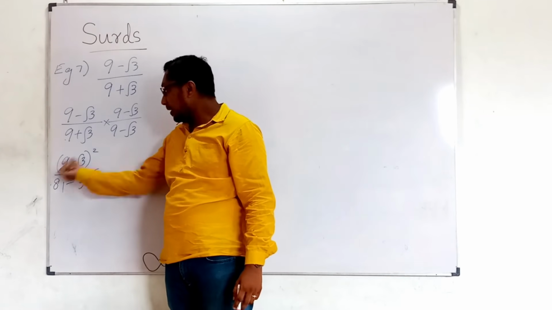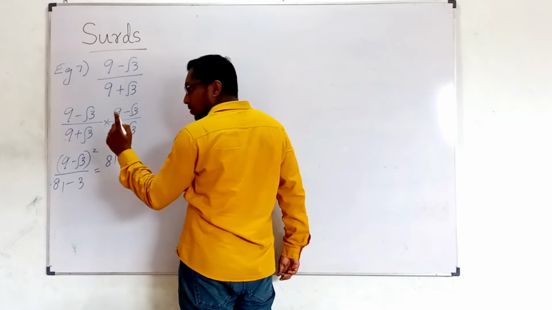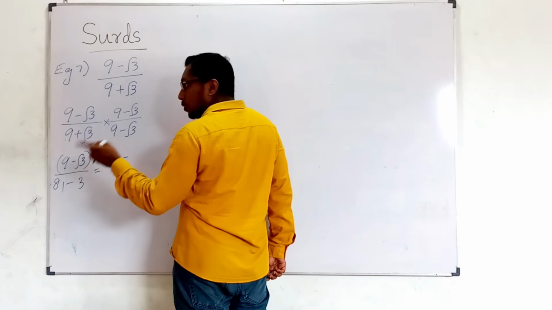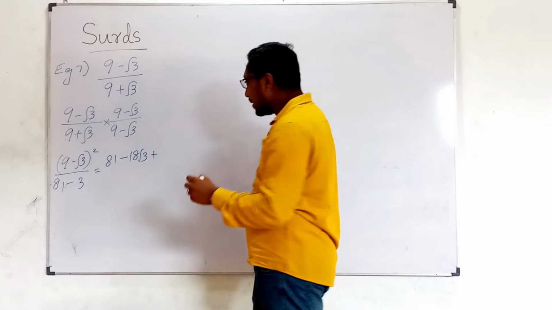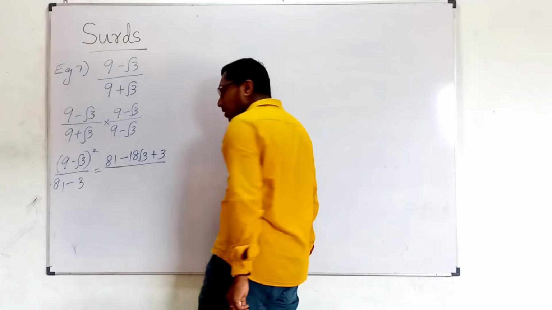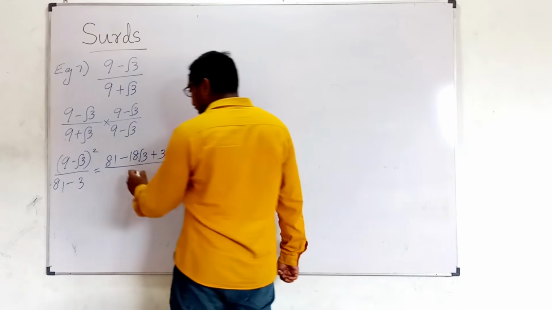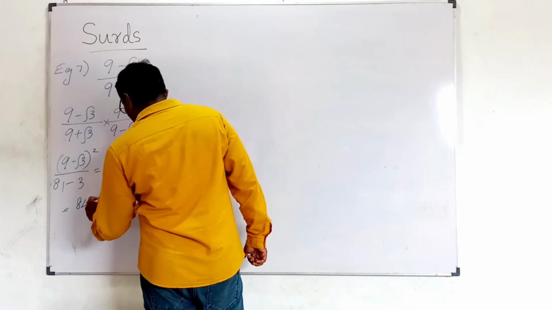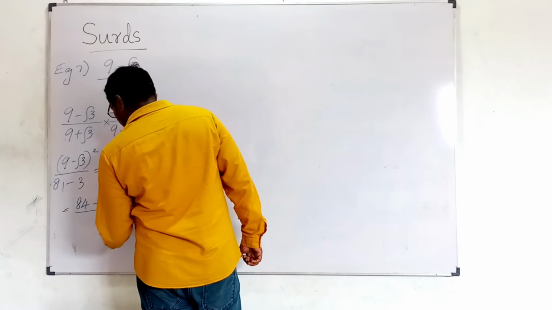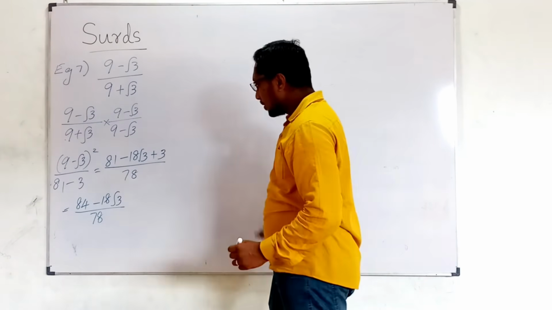So this is like an algebraic complete square. 9 squared is 81, minus 2 times 9 times square root 3, 2 times 9, 18 root 3, plus root 3 squared, which is 3, and the denominator 81 minus 3 is 78. 81 plus 3, 84, minus 18 root 3 over 78.